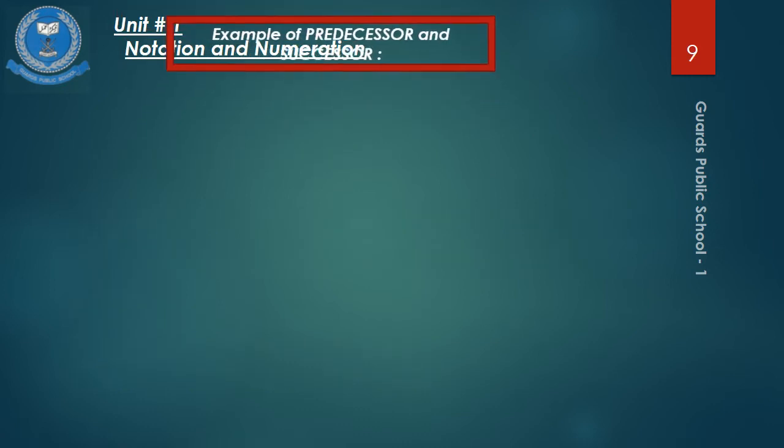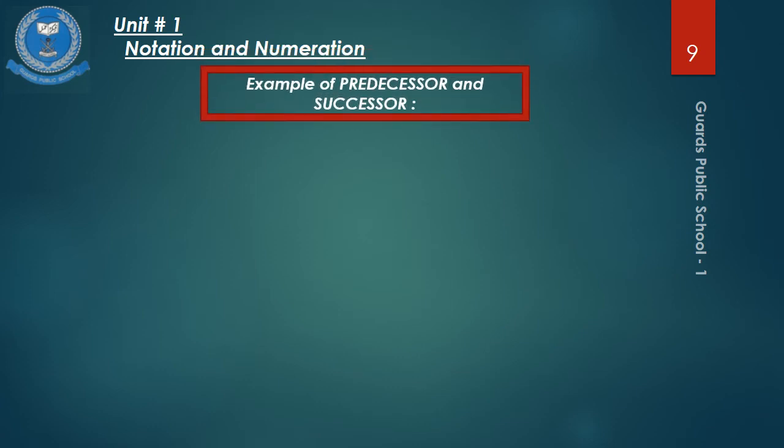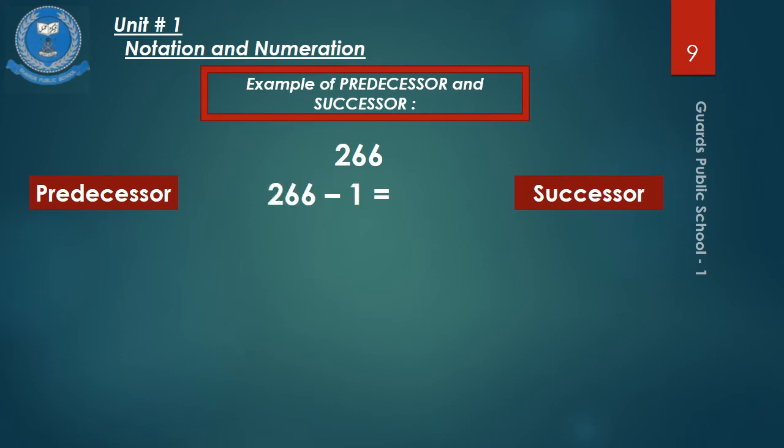Students, there are many examples of predecessor and successor. Let's see a simple way to get the predecessor and successor of a number. It will be fun for you. Take one number, for example 266, and minus 1 from it. 266 में से 1 माइनस कीजिए, what will you get? Yes, 265.